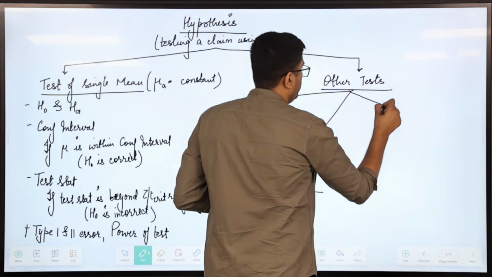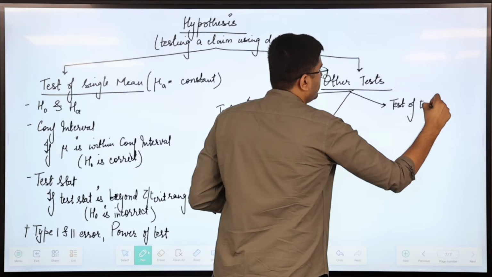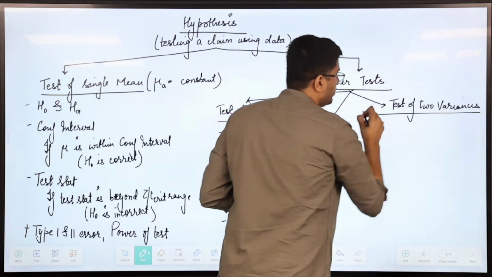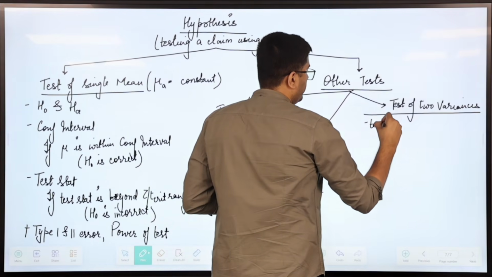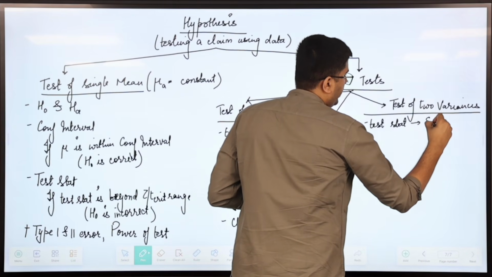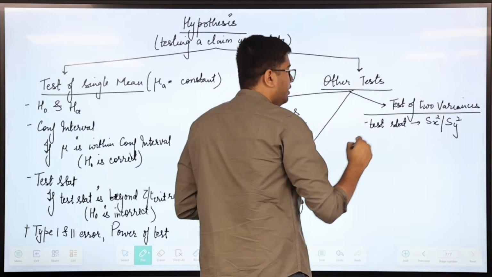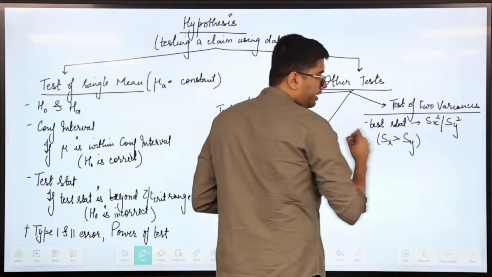Then we have test of two variances, where I am making a claim on the risk of two securities. Over here, test statistic will be calculated as variance of x upon variance of y, where the logic is numerator always has to be greater than denominator.